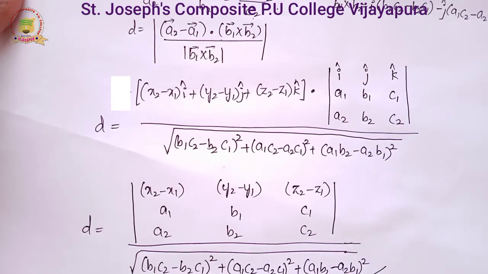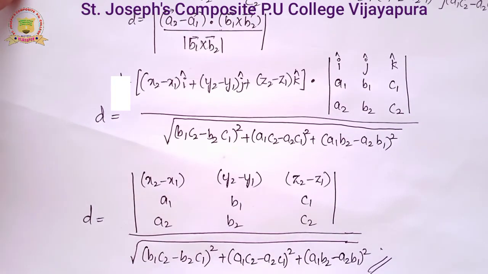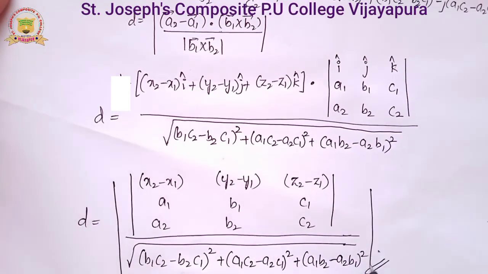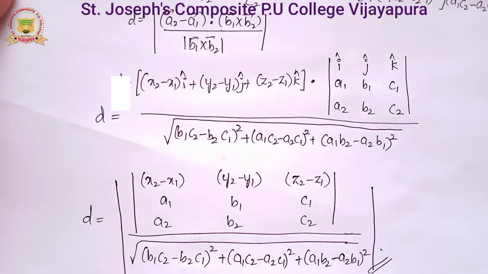So this is the required formula for the distance between two skew lines in Cartesian form. We have to take this as mod because distance is always positive. Thank you.